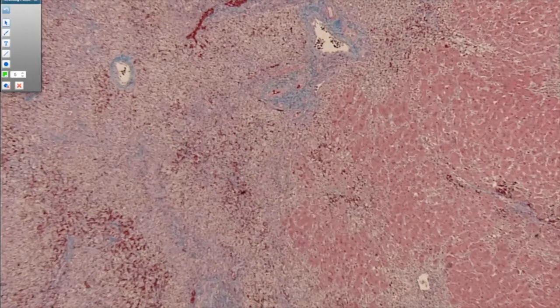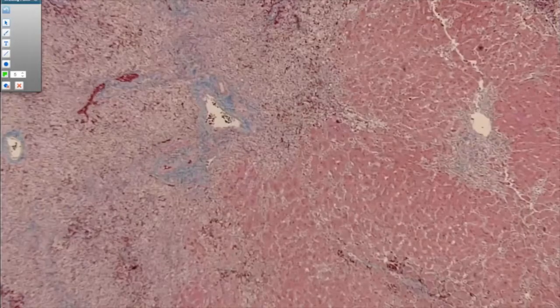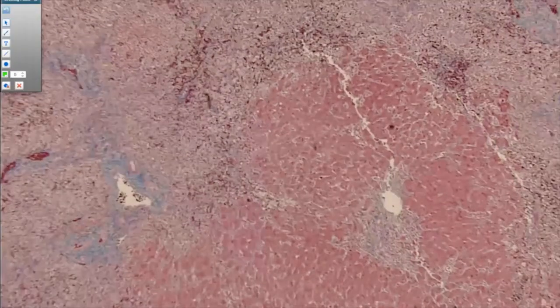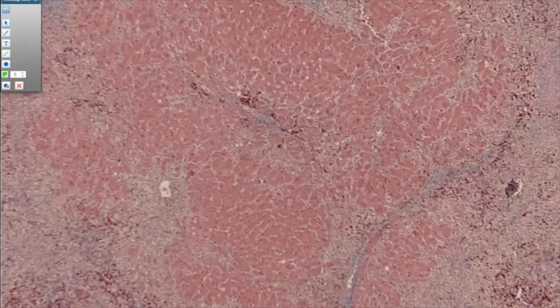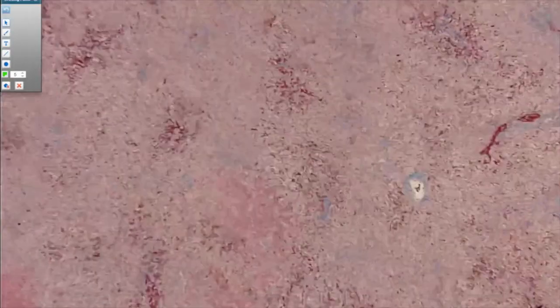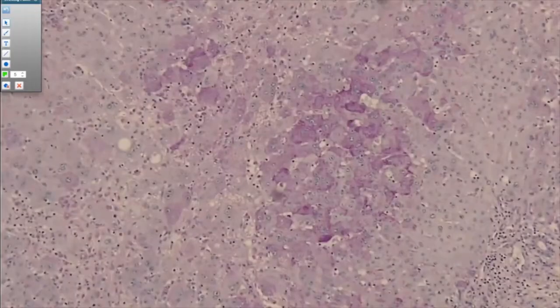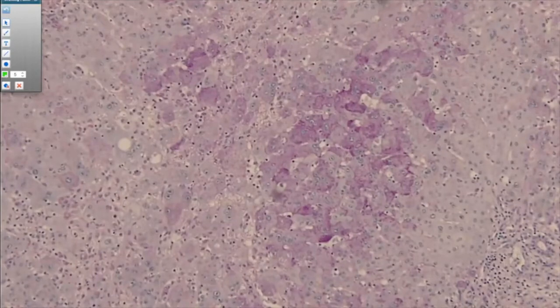For example, in this slide, this is trichrome. You can see residual hepatocytes, but there is no fibrosis at all. And sometimes PAS stain can be helpful. PAS stain, we usually don't do it. But a very small amount of hepatocytes is stained with PAS.